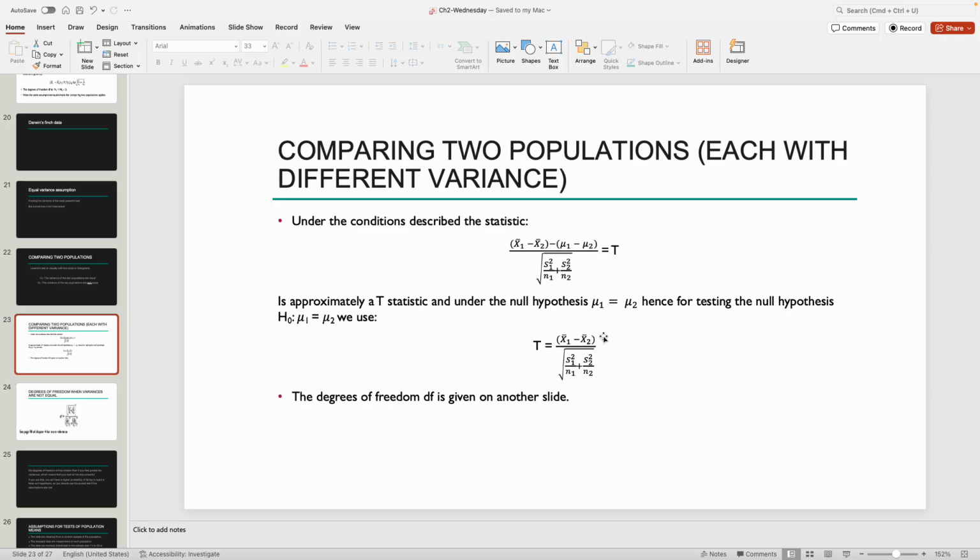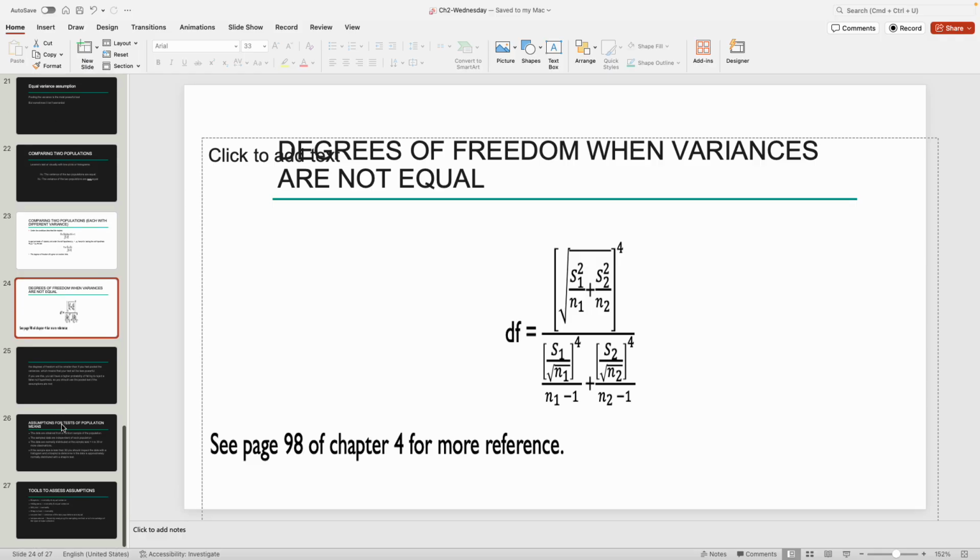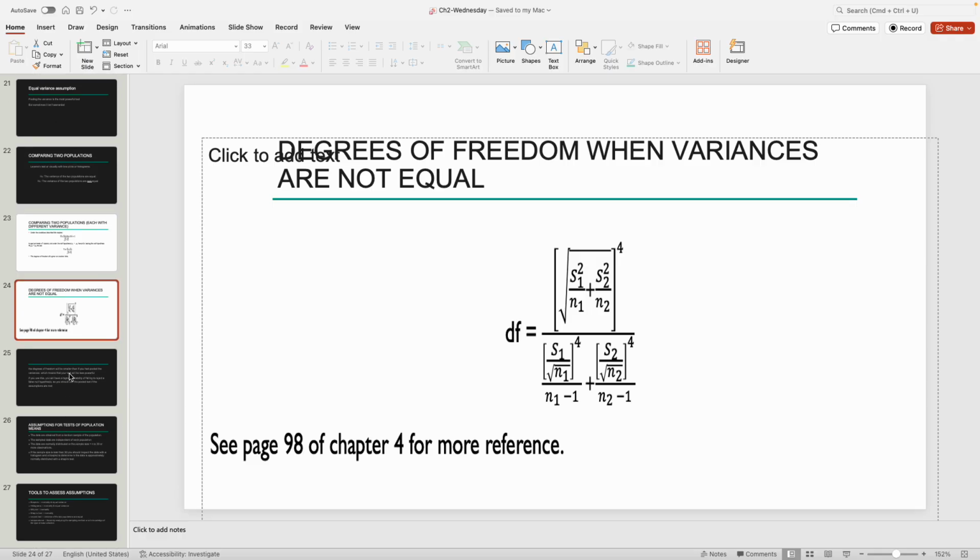Again, under the null, it reduces to just this, because under the null, they're equal. The degrees of freedom is given by this messy formula. You can see page 98 of your textbook, but I'm not going to ask you to derive it. The degrees of freedom can be calculated for you using statistical software.